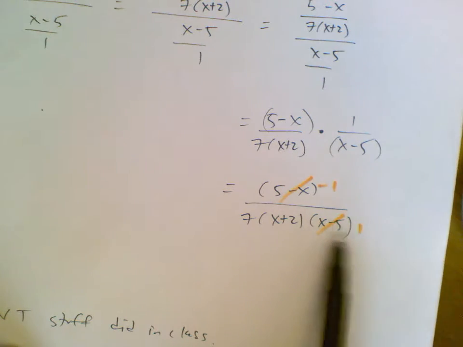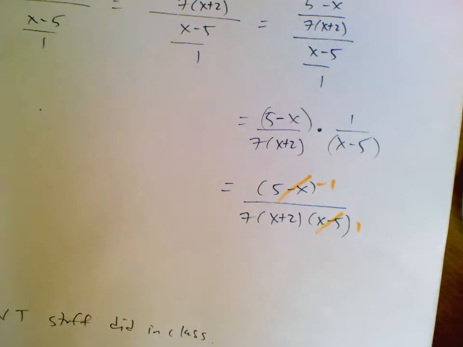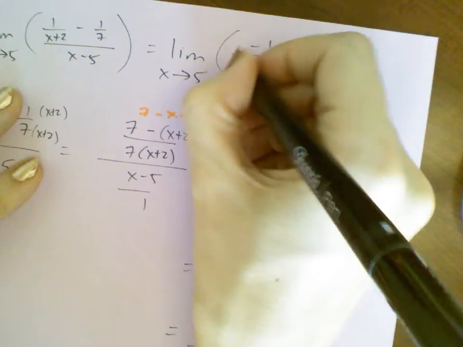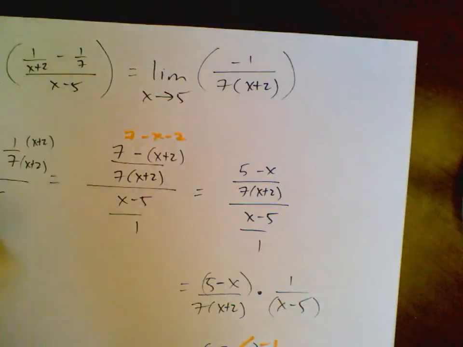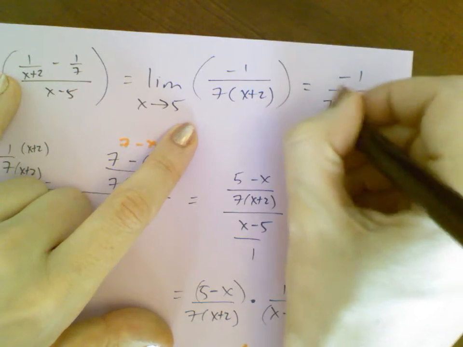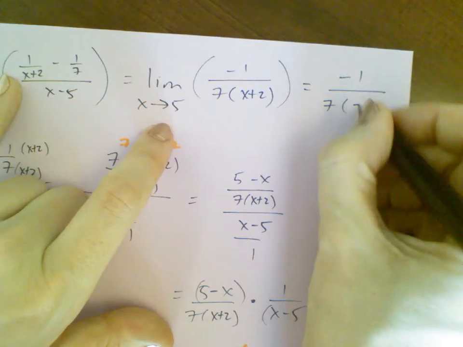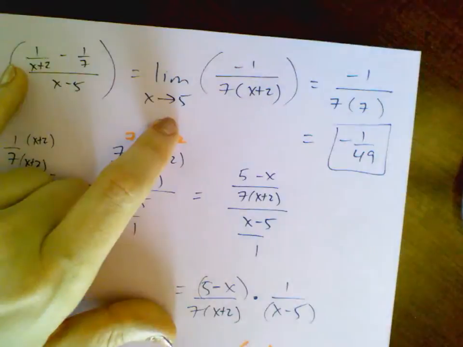Now that this was the factor that was preventing me from direct substituting, and it's gone, I can direct substitute. So I go back up into the limit. Now I direct substitute, so the limit can go away. 5 goes in there, and I get negative 1 over 49.